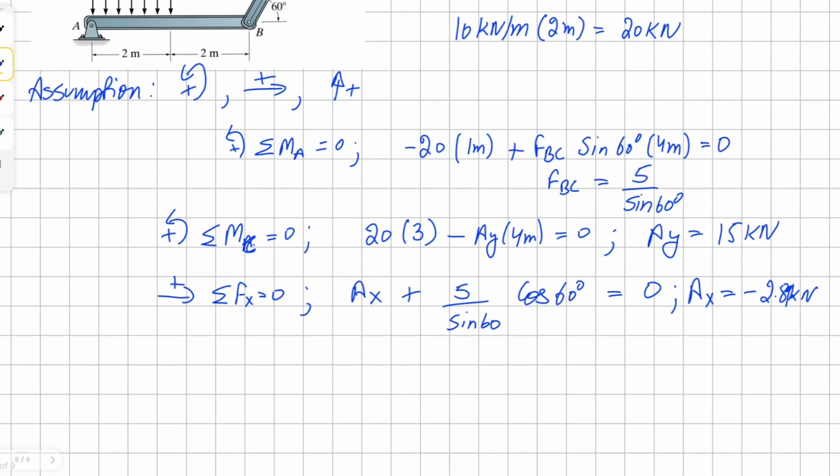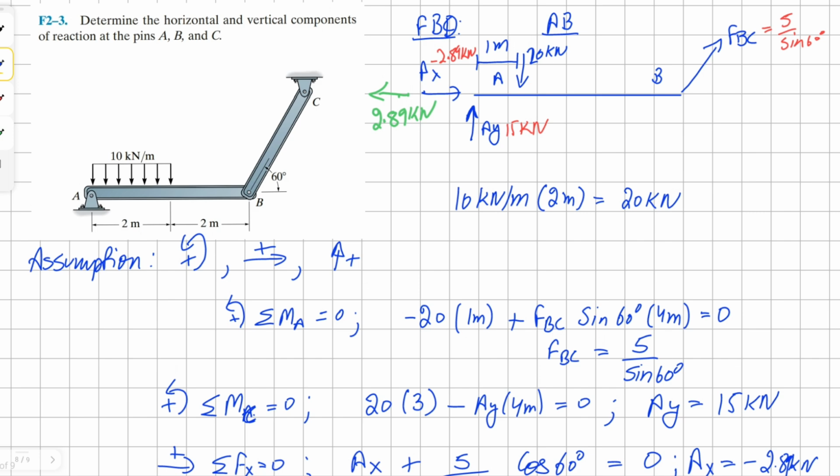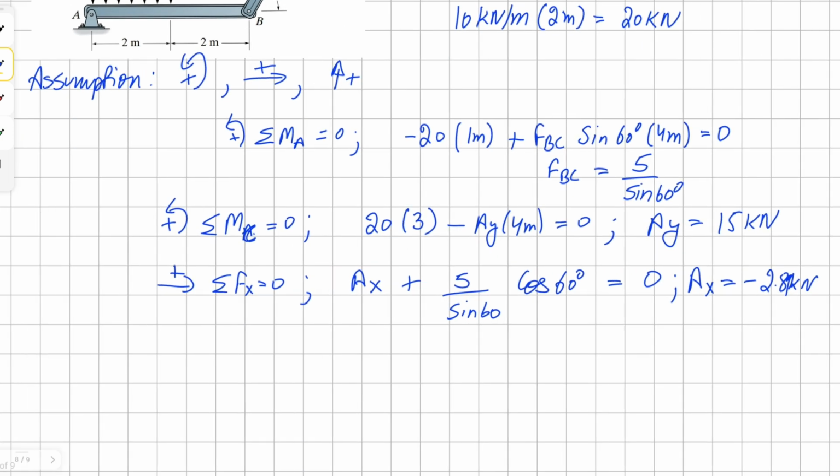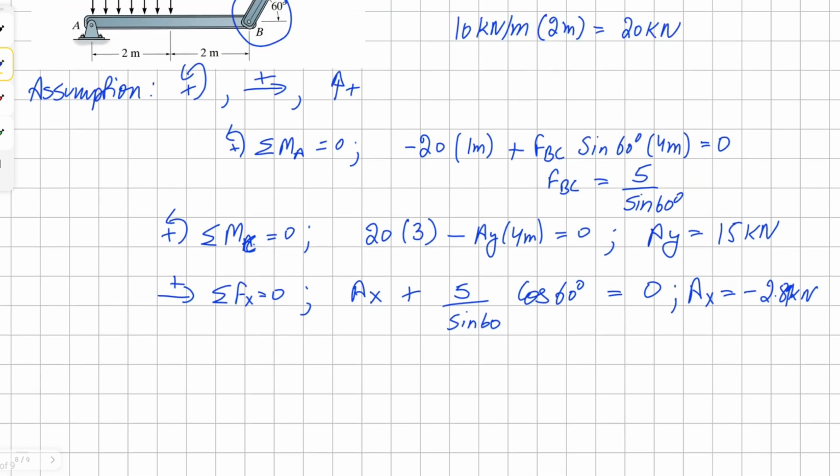For point C, there is no other reaction or force acting on the member BC, so whatever the reactions are for point B, it'll be the same for point C. Therefore, we can write reaction BX is equal to CX, and our reaction BX is 5 over sine 60 times sine 60.